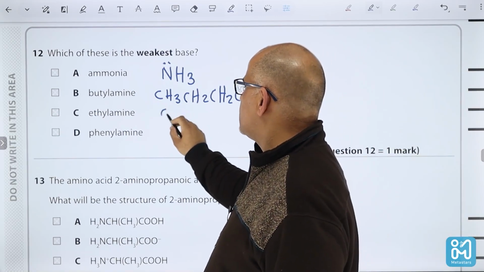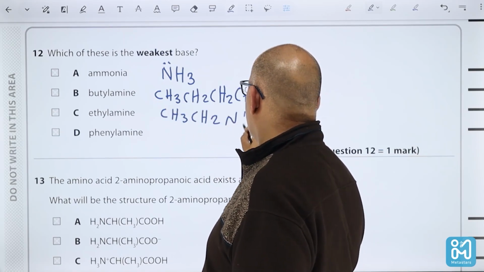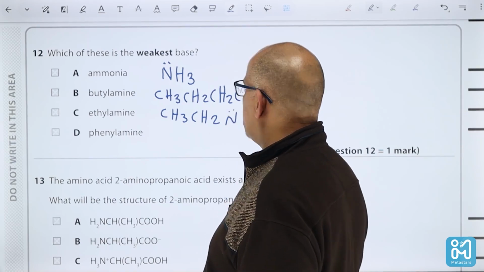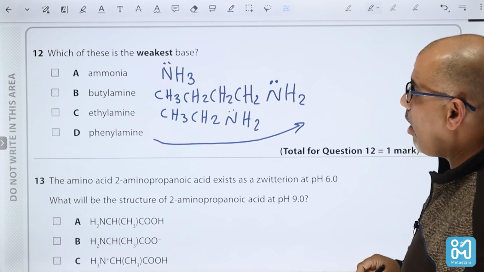Ethylamine is the same story, and they will donate electrons for the amine group. But for phenylamine, what's the idea?